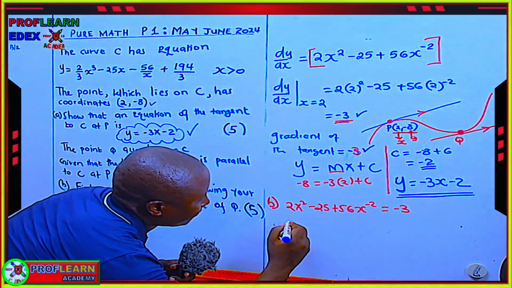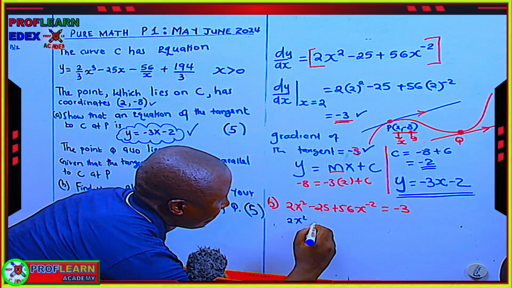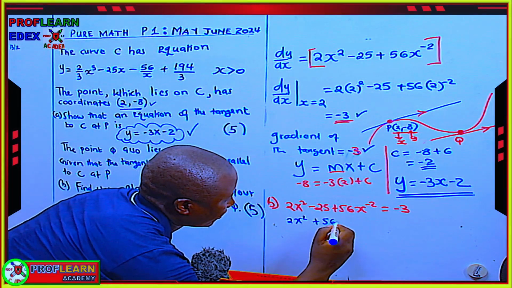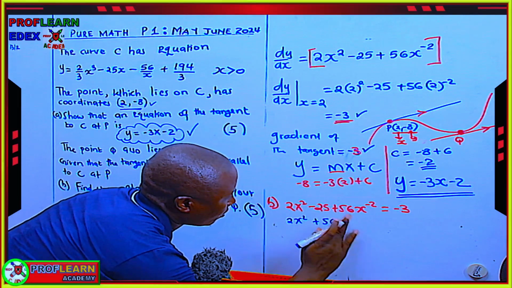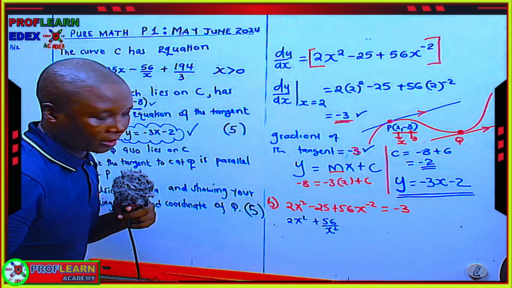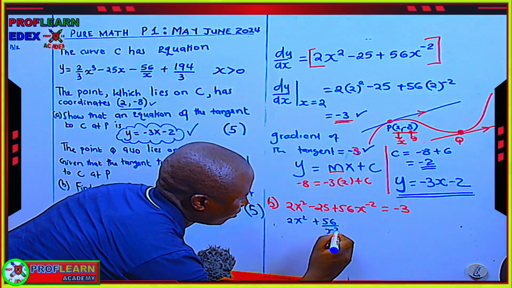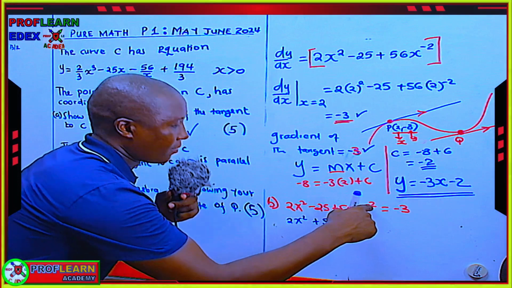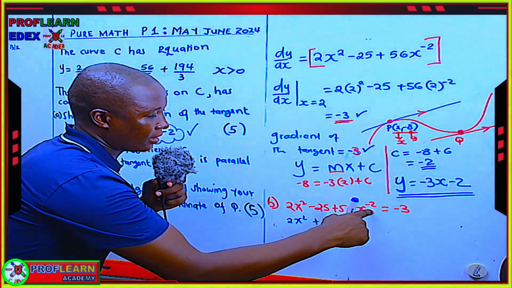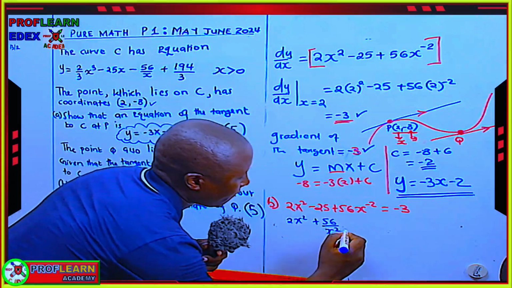So this is going to be 2x squared plus 56x. I need to write this over x squared, so we just write it properly. So x squared, I've just taken this negative down, negative x -2 at the denominator, so it becomes positive.